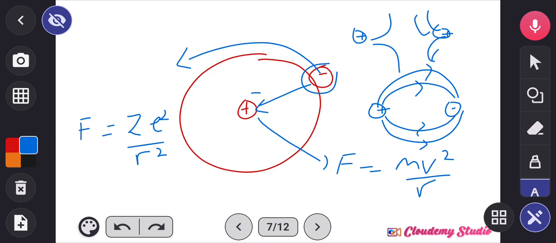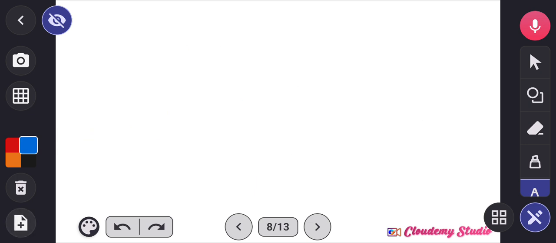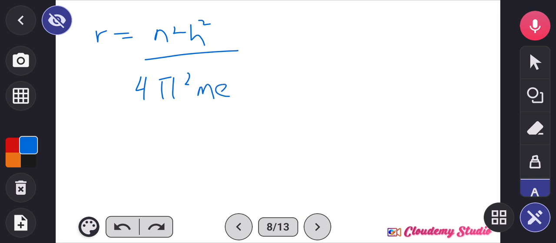If you combine these two laws, we can derive an equation that calculates the radius of the electron, and it says r equals n squared h squared divided by 4 pi squared m e squared.